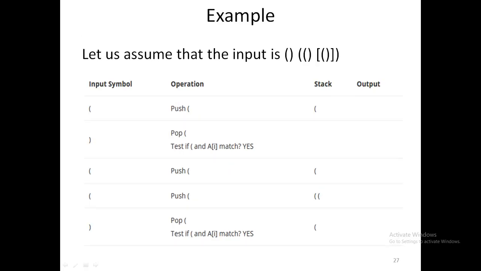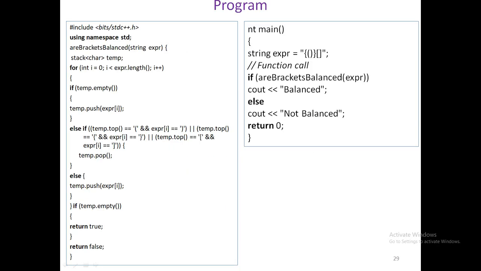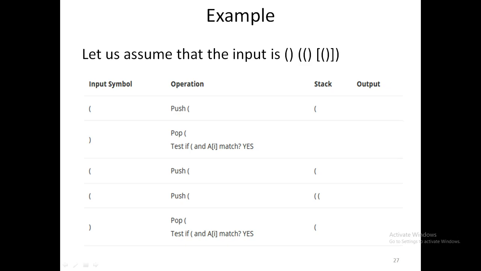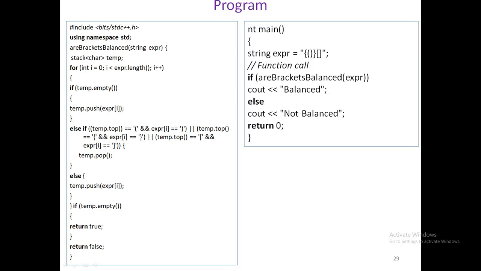Another close parenthesis comes, so that is popped out and the value is checked. Finally we have one close parenthesis. So everything is processed until all the stack elements and all the brackets are processed. If there are no elements inside the stack, it means the parentheses, that is the brackets, are balanced.